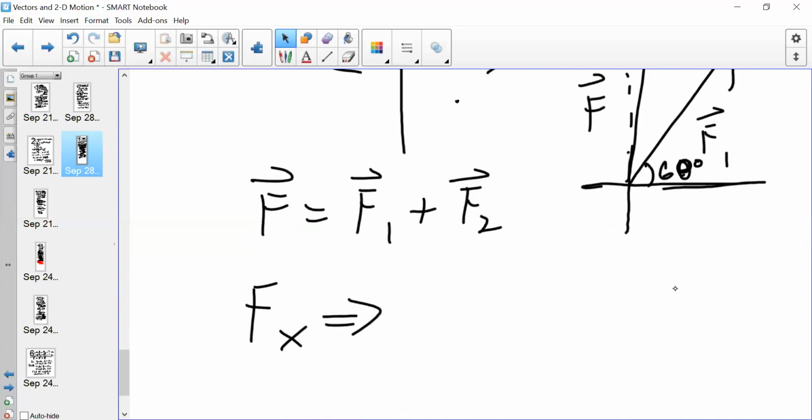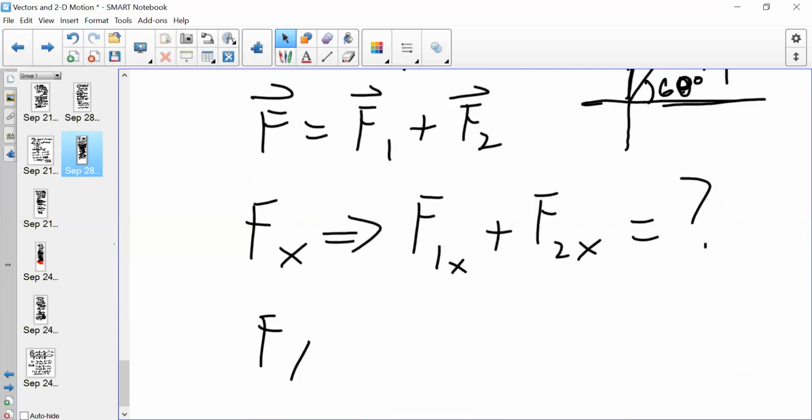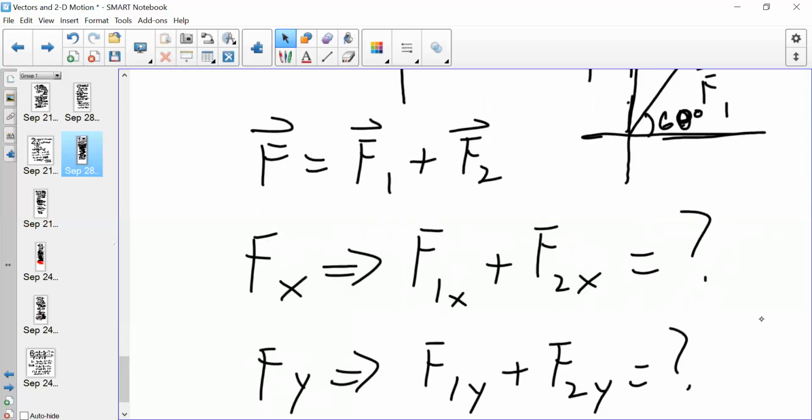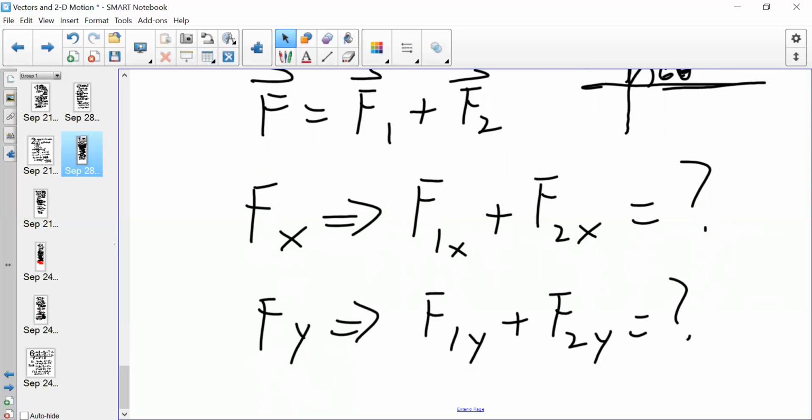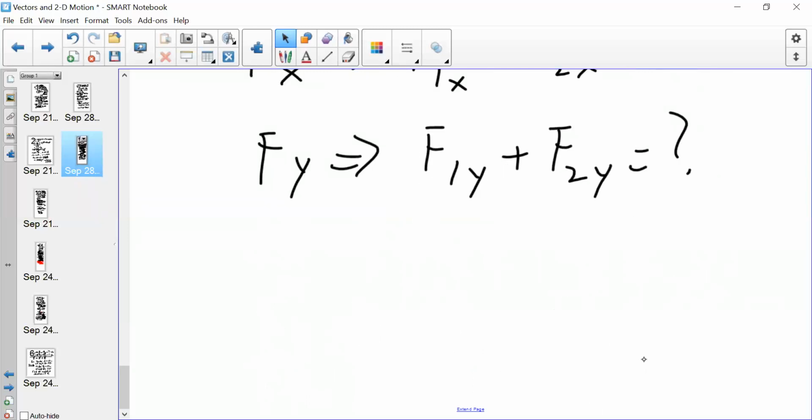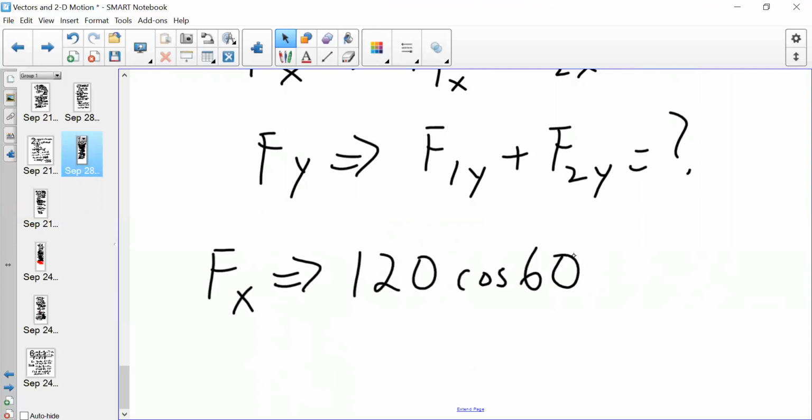So all my forces in the x direction will be F1x plus F2x equals stuff. F1y plus F2y, and we proceed. This is going to be 120 cosine of 60 positive, and then the other one will be 80 cosine of 75.